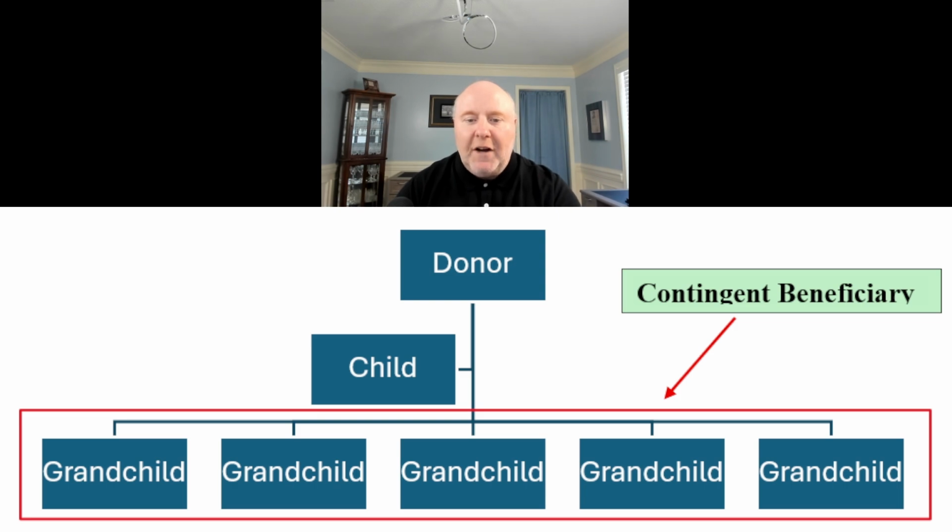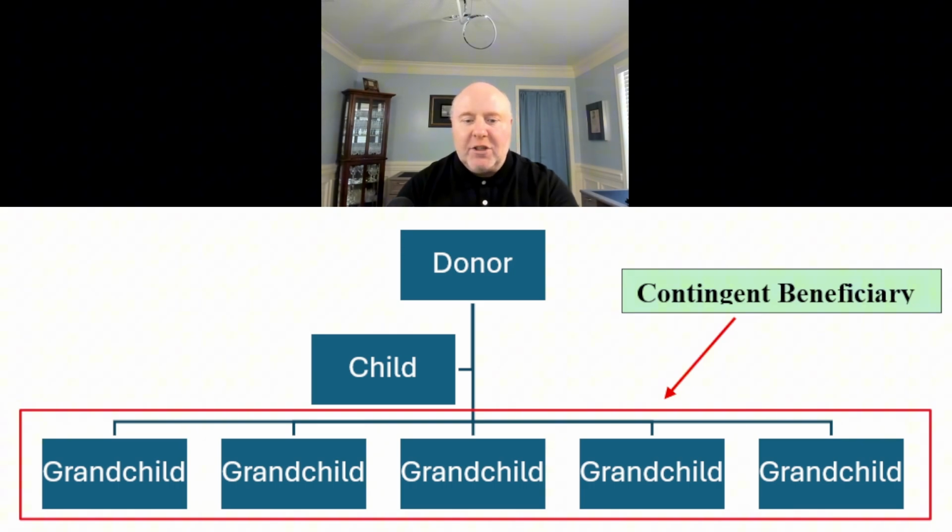So Cristofani creates this other level, and you can see all the grandchildren in here. What Cristofani does is it says, listen, I don't really want to give that money to the grandchildren. Instead, I'm going to use them as an instrumentality to help get that money to the child. So we're going to use these grandchildren as contingent beneficiaries. They will only recover if the child predeceases them, if the child dies first.